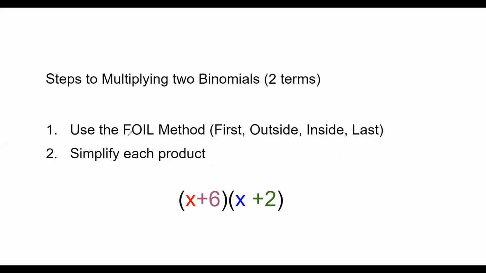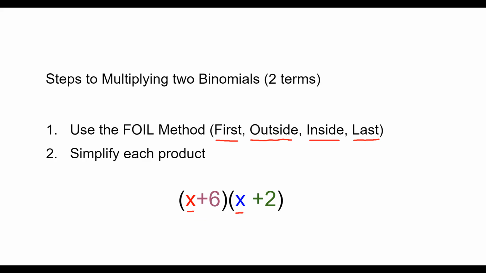And the way it's commonly remembered is with the word FOIL, which stands for first, then outside, then inside, and then last. And what those words refer to is the parts of these two binomials. First means this term and this term.